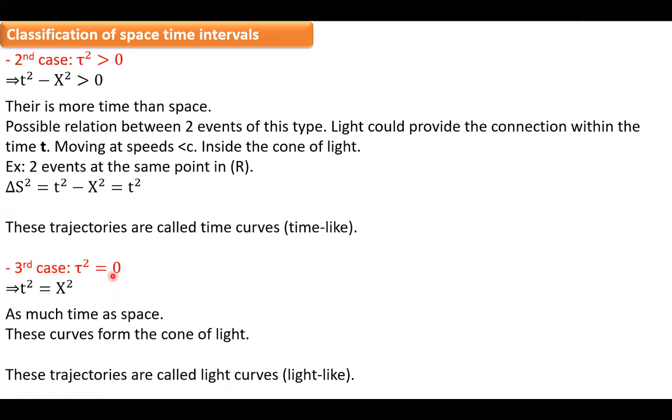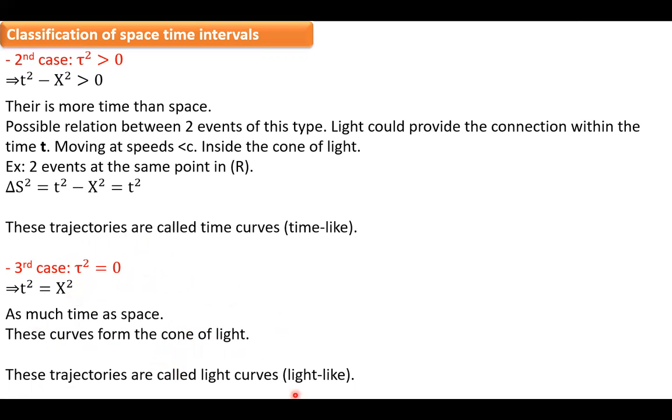So all the lines that form the cone of light are the lines where the proper time is 0. As I told you last time, for light the proper time is 0, so it does not age. Its proper time is always 0. So these lines form the cone of light.